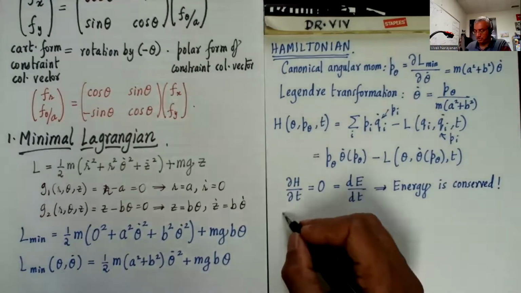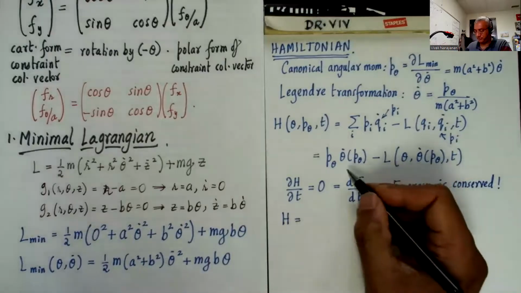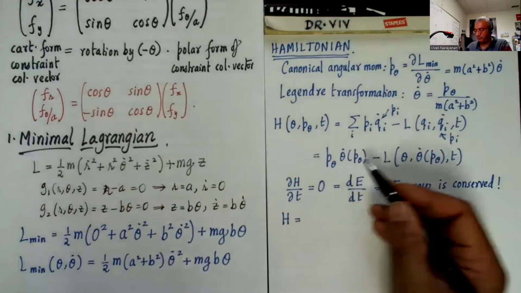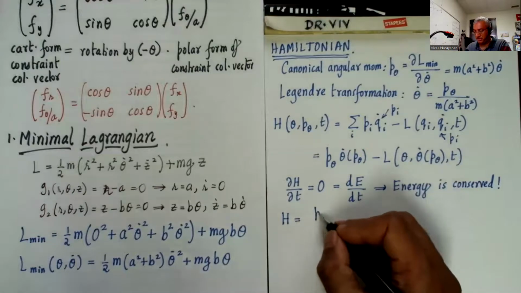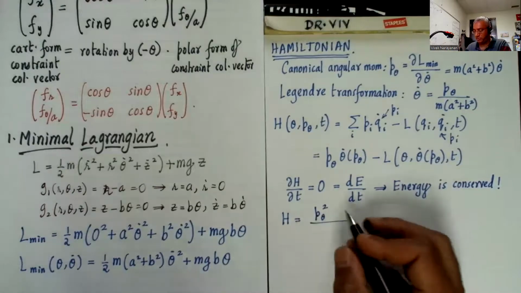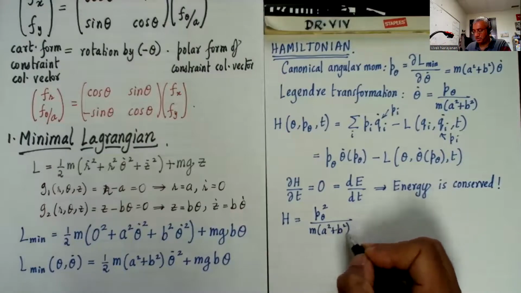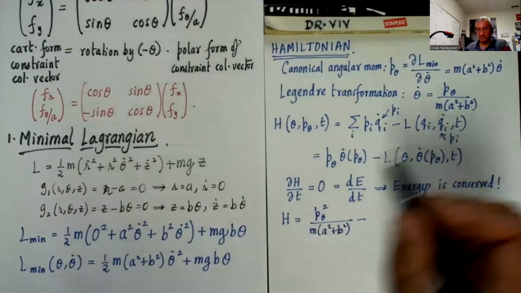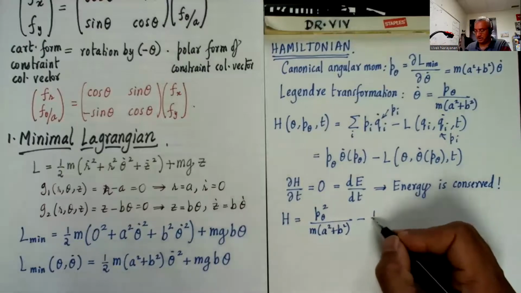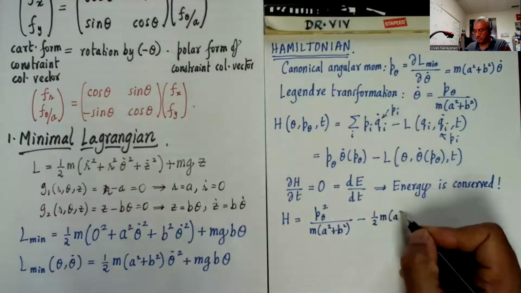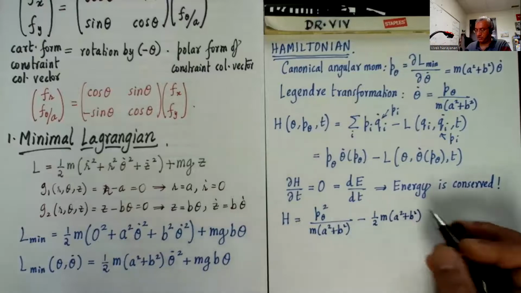So now let's form the Hamiltonian. H equals, when I put in for theta dot, I get p theta squared over m times (a squared plus b squared), minus the Lagrangian, which is this: 1/2 m (a squared plus b squared) theta dot squared.